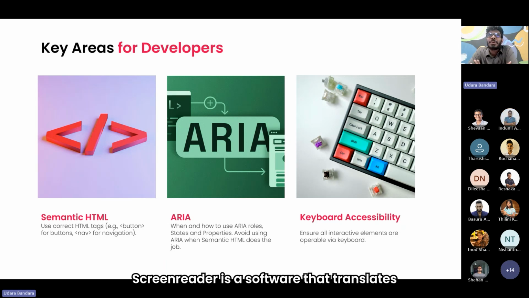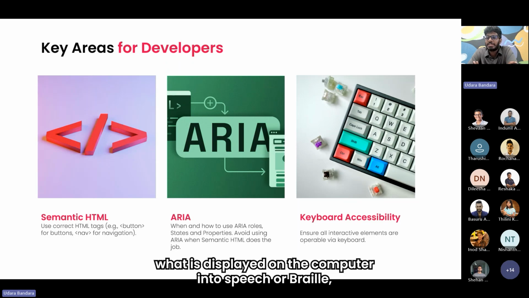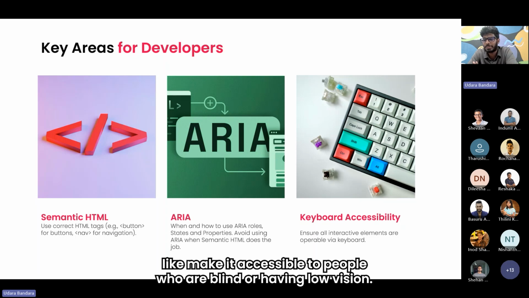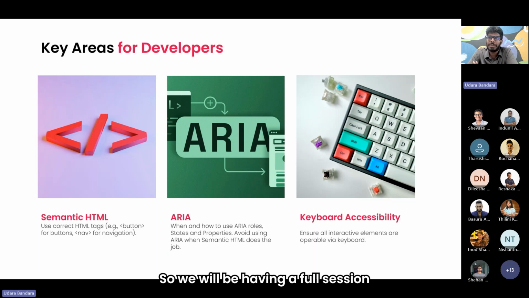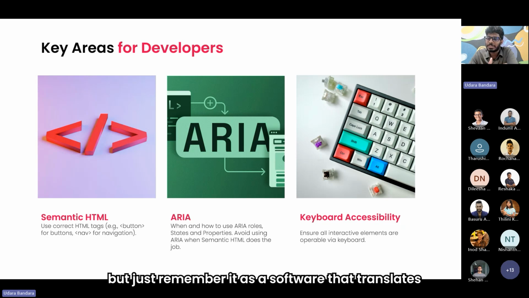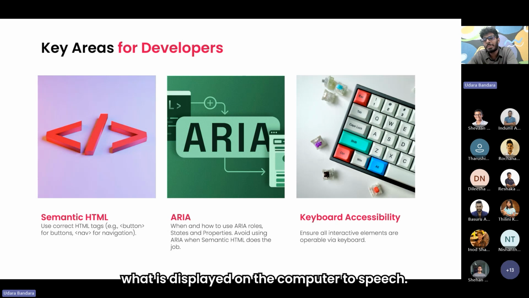A screen reader is software that translates what is displayed on the computer into speech or braille, making it accessible to people who are blind or have low vision. We will have a full session with some demonstration about screen readers in the next session. But just remember it as software that translates what is displayed on the computer to speech.